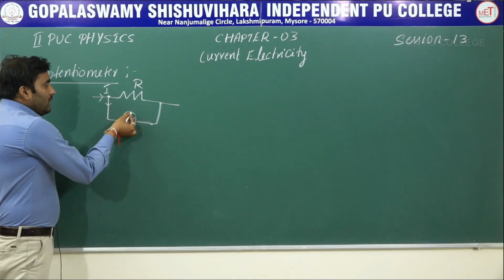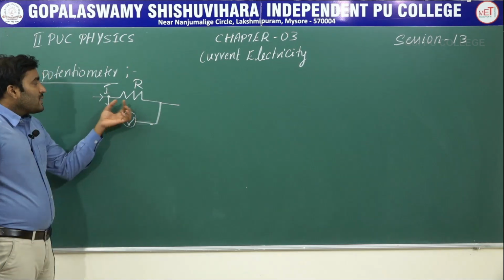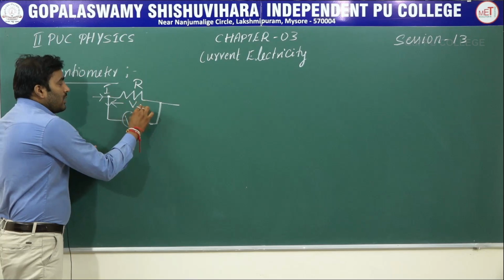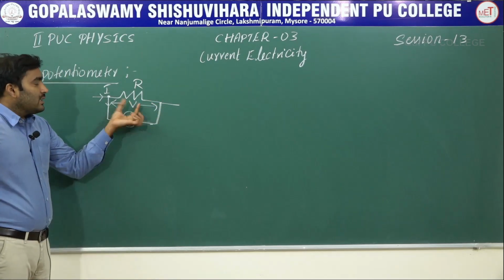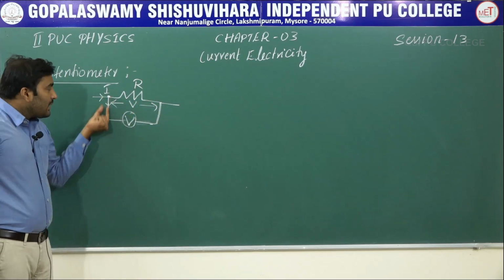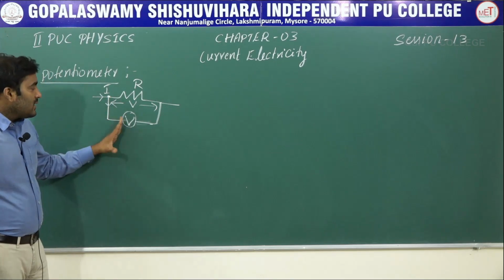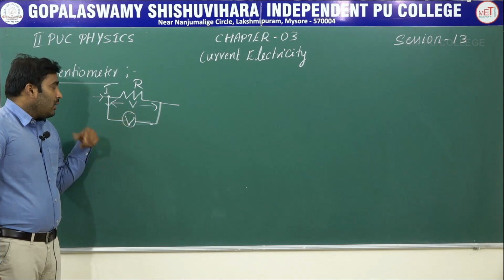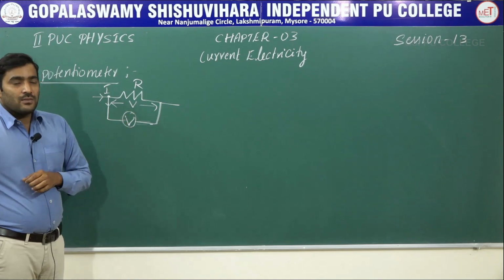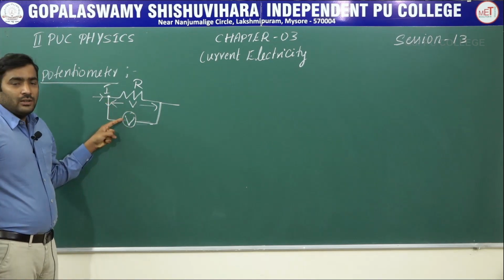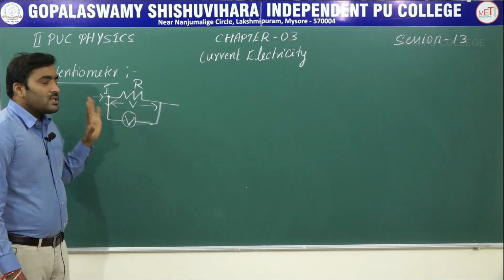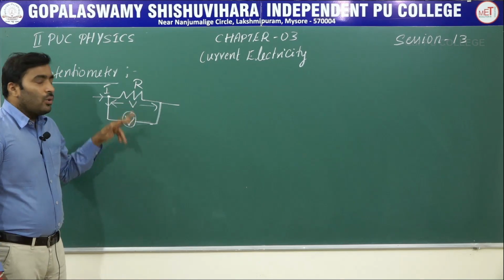The voltmeter is drawing some current, therefore we cannot measure the value of voltage here accurately. That is why this device is not so accurate. If the voltmeter had infinite resistance, it could not draw current, and then we could measure accurately. But practically a voltmeter draws some current, therefore we cannot measure the voltage accurately.